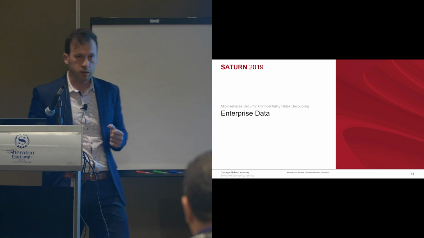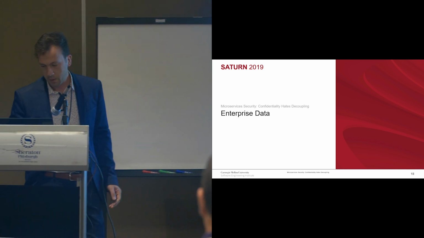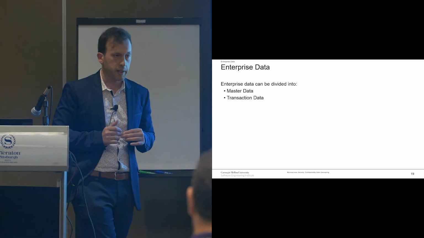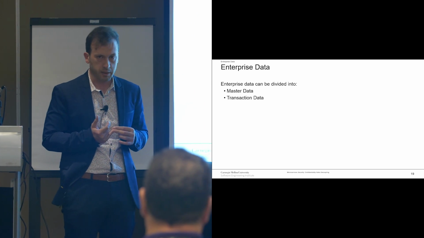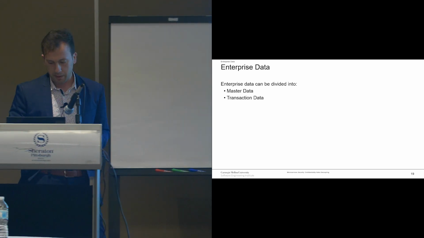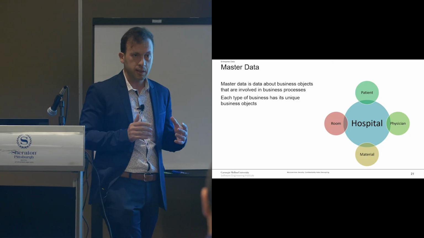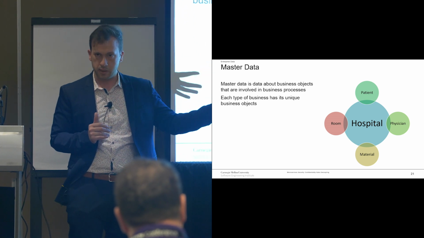Okay, let's move on to the next section, the enterprise data. We have two types of enterprise data: the master data and the transactional data. So what's the master data? It's data about the business objects that participate in business processes.